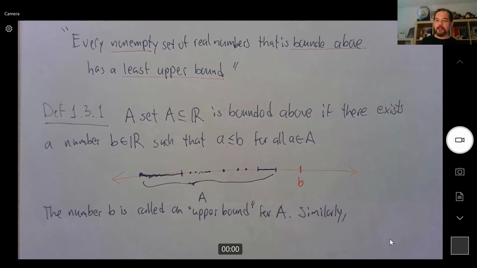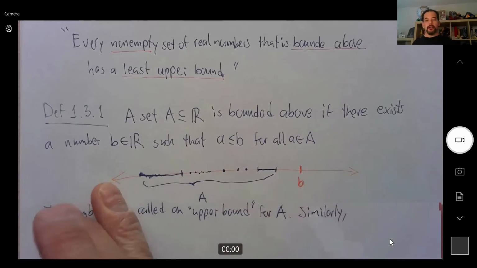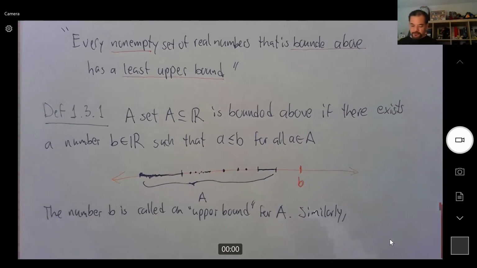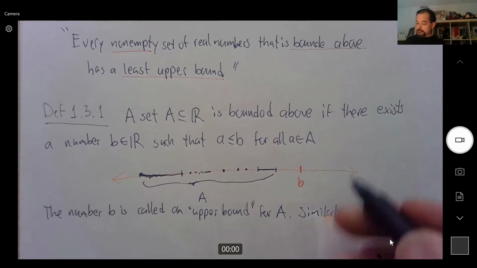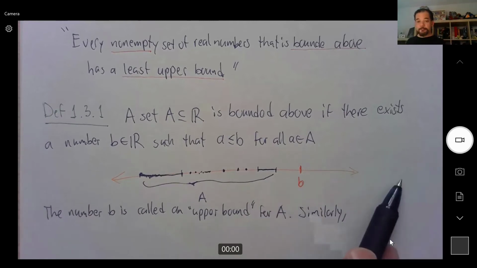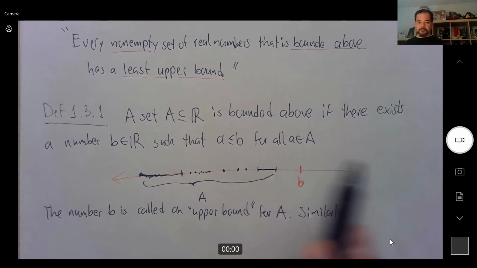You may be wondering, hey, Professor, why are we giving preference to the right side? Can't we do this the same on the left side? And yes, you would be right about that. It's just a matter of the fact that the right side is positive and we all prefer the positive over the negative. No real reason there.